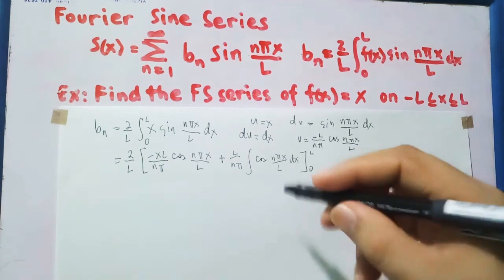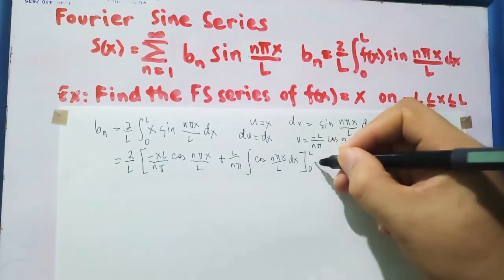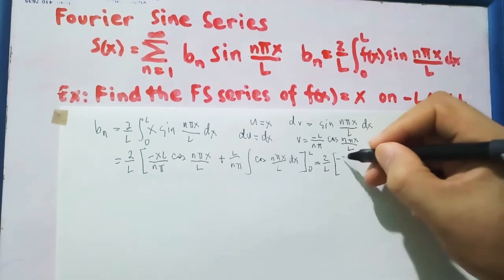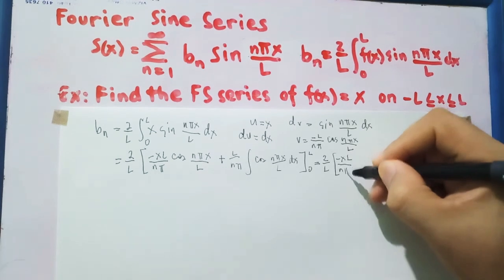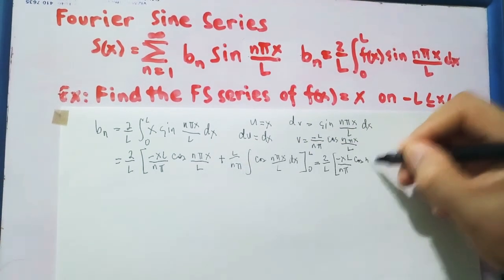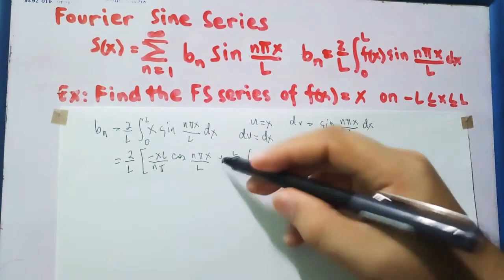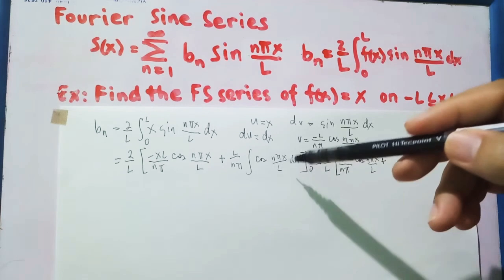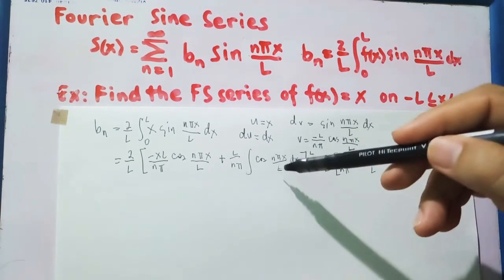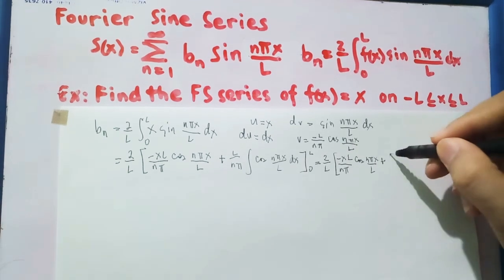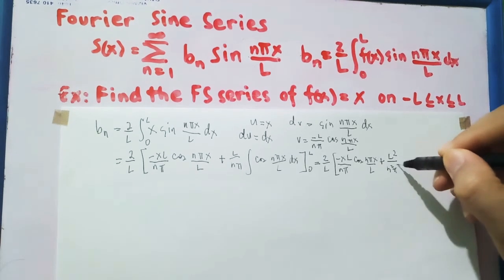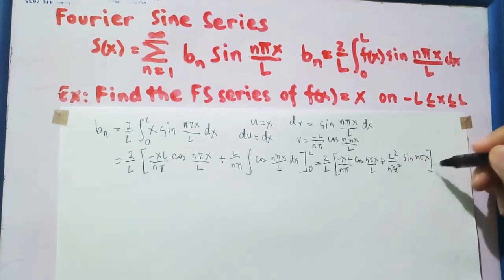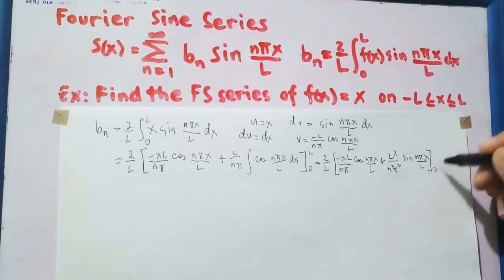So continuing, 2 over L, and then we have negative x L over n pi, and then cosine of n pi x over L, plus, if we integrate cosine, that is sine, and then the reciprocal of n pi over L, so it will become L times L, that becomes L squared over n squared pi squared, and then sine of n pi x over L, with limits from 0 to L.